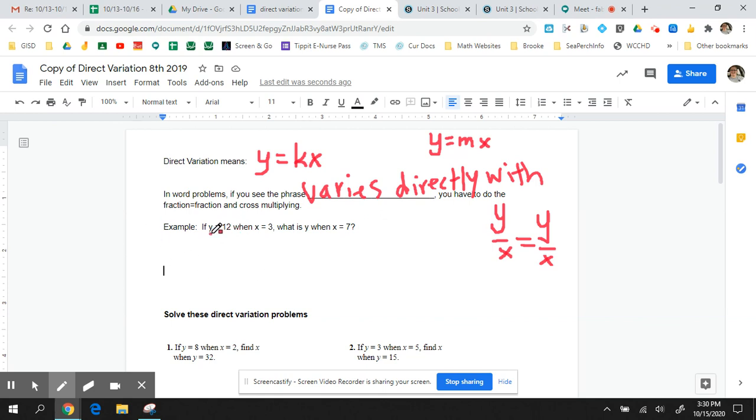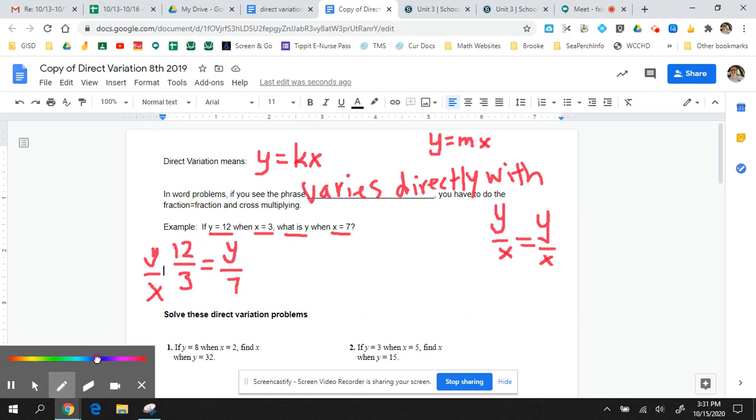So it says if y equals 12 when x is 3, so I'm going to write 12 over 3, because that is my y over my x, and it's going to equal y over x. I'm looking for y when x is 7, so I'm going to put a 7 down here. Now it looks a lot like what we did yesterday.